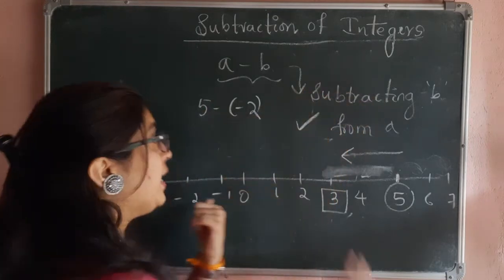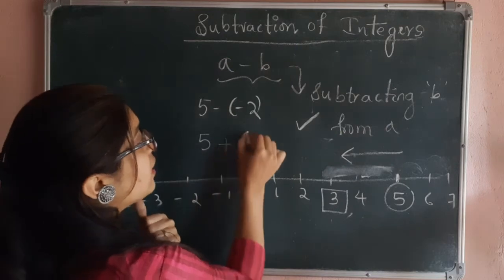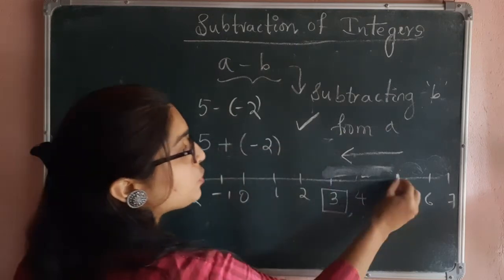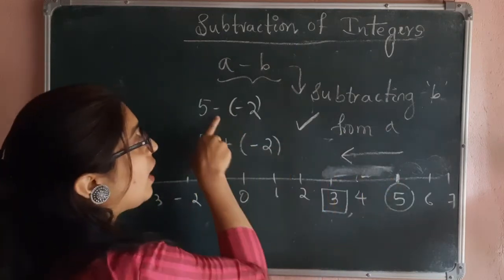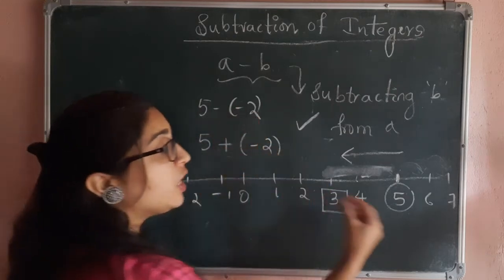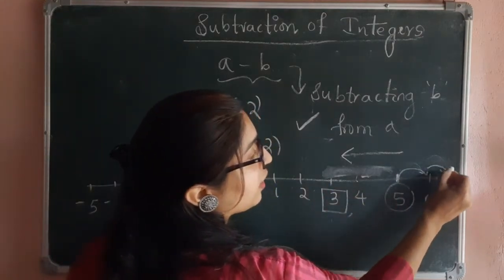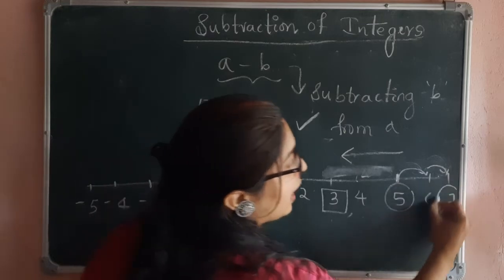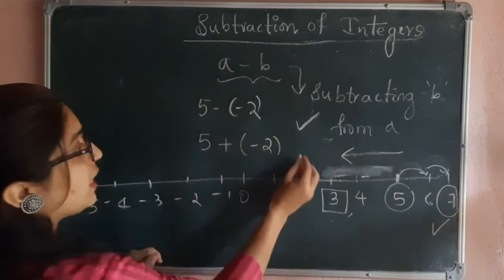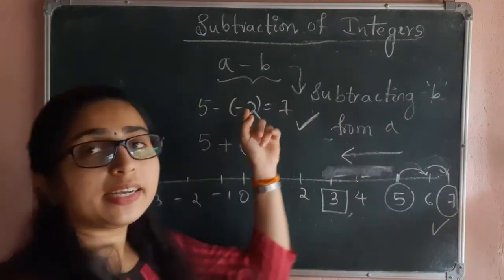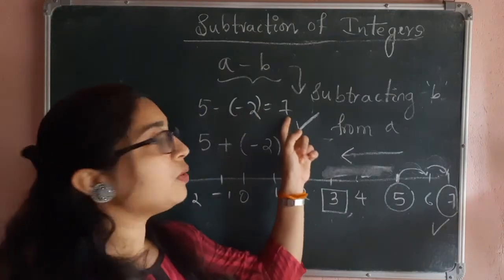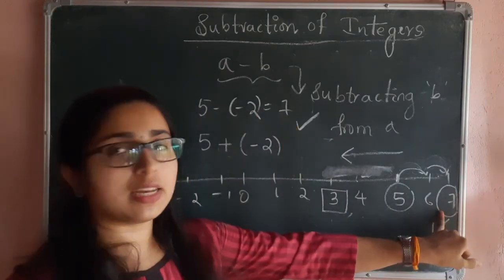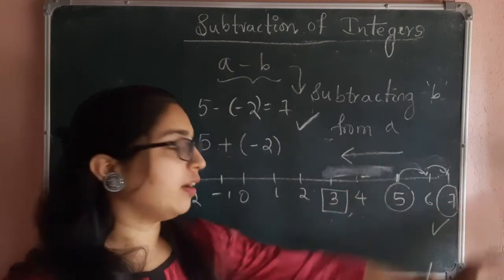If I was adding a negative integer, I used to move to the left. But now I am subtracting a negative integer, so I will move to the right. 1, 2 units. So the answer is 7. I have subtracted a negative integer, and the value is increased, right? That means I am moving to the right.